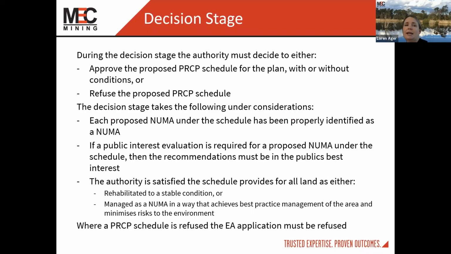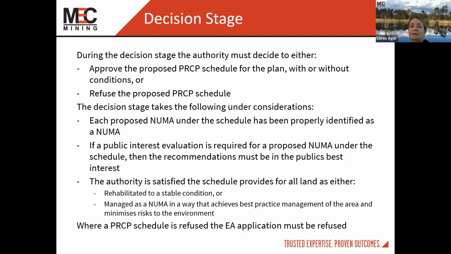In the decision stage, there are a few steps that are involved. So the approval of the process for the plan is with or without conditions. Once submitting the plan, plus also the statutory requirement schedule, the authority might determine that there are certain conditions that might apply to it. Or the other alternative is that there will be a refusal for that process.